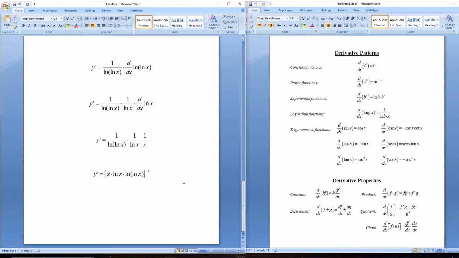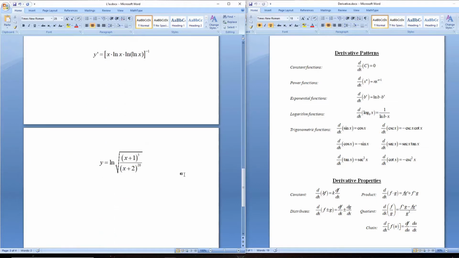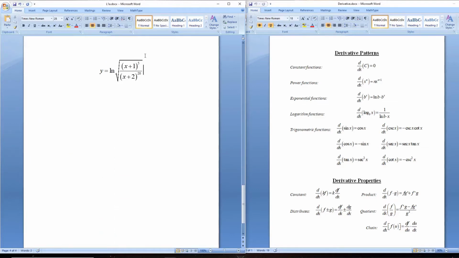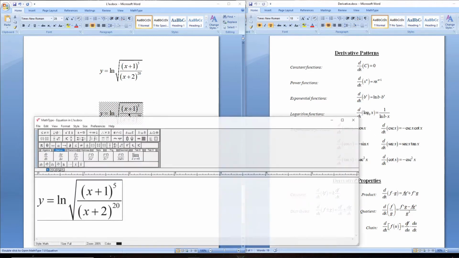So here's another one that looks pretty scary. And two reasons I want to choose this one. One is because it does look pretty intimidating, but another is because it does have the natural log, and it's pretty common now in calculus to exploit log properties to try to make things simpler.